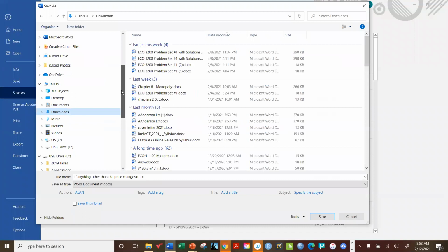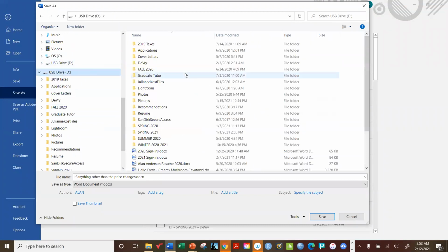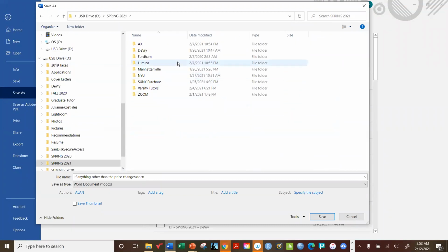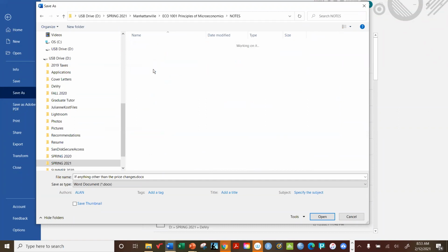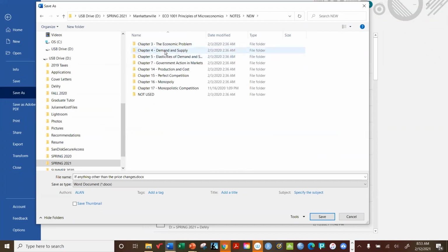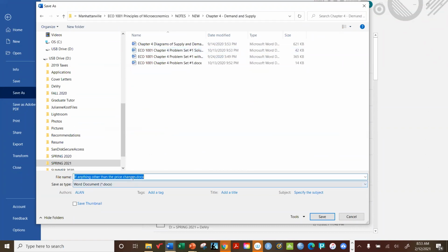As soon as you forget to save something, that's when the computer craps out on you. And you know that. I'm sure you've all had that experience. It knows somehow that you are taking a chance and says, wait a minute, here's an opportunity to cost somebody their work. I'll call this chapter 4 review notes.